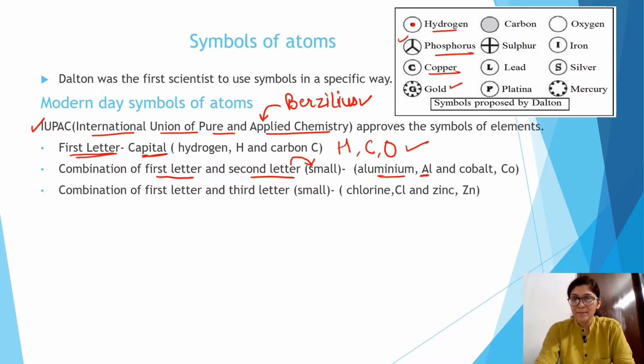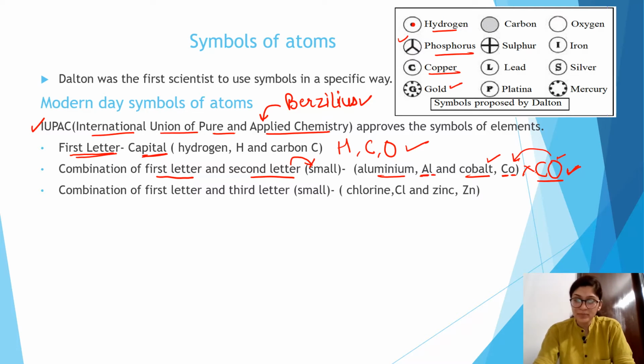Aluminium, A is capital, L is small. Cobalt, C is capital, O is small. If you write both letters capital, then this is a different compound, completely different from cobalt. So don't write like this when you are writing cobalt, right?